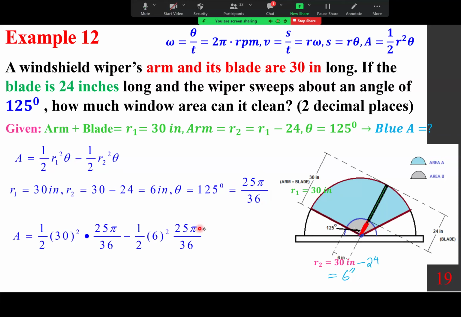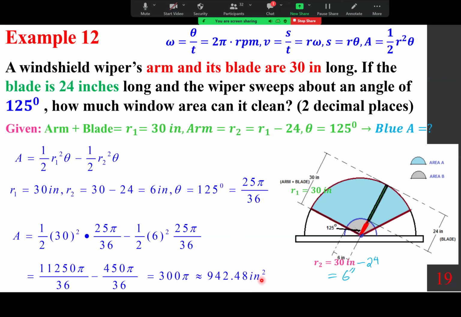That's why I'm going to keep the pi. So half of 30 squared times 25 pi over 36 minus half of 6 squared times 25 pi over 36. Put it into a calculator. 11,250 pi over 36 minus 450 pi over 36, and that gives us 300 pi. Exact answer. The units are area, inches squared.